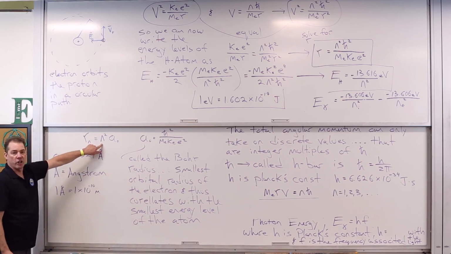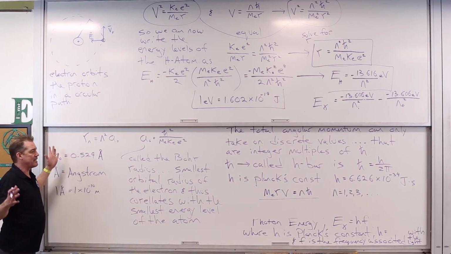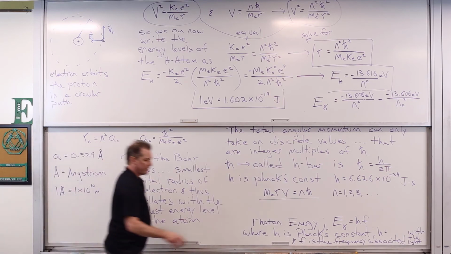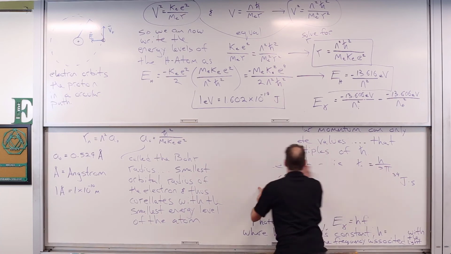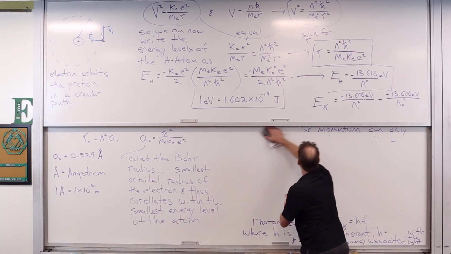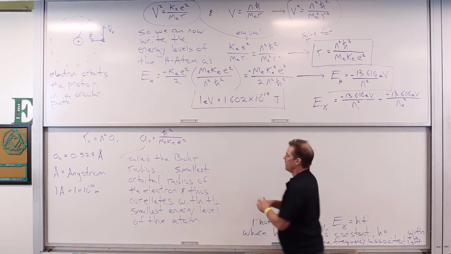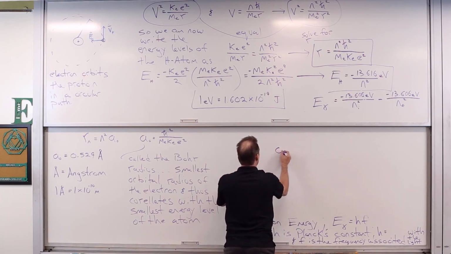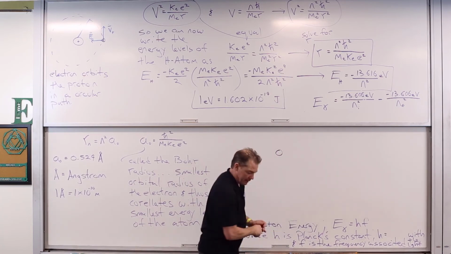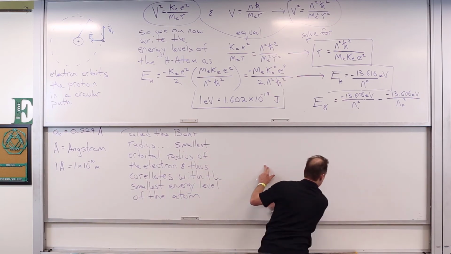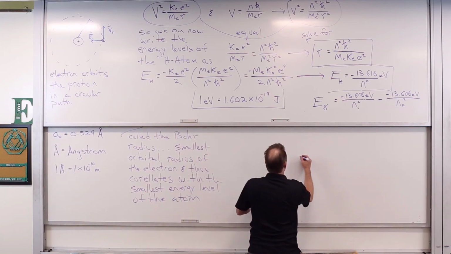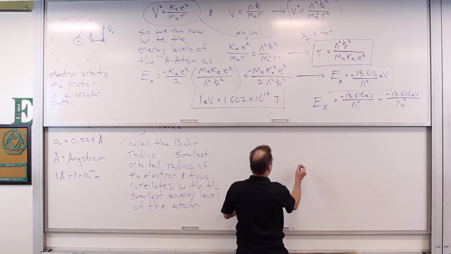As n gets larger and larger, the orbital radii get larger and larger, and we can kind of map this out then. I'm going to need more room than that. Let me do it like this. We've got this, and this isn't going to be scaled out.